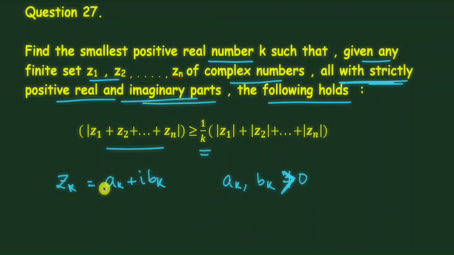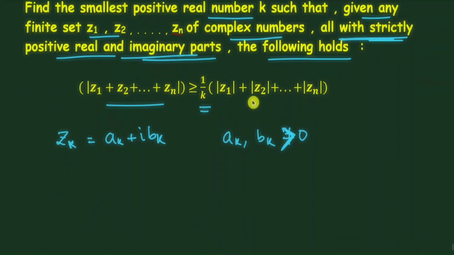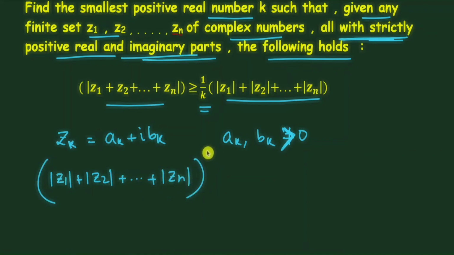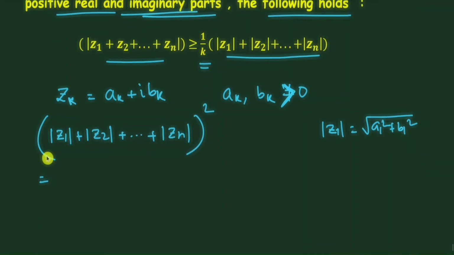So now we start with mod of z1 plus mod of z2 plus ... plus mod of zn, whole square. This is equal to mod z1, which we write as root under a1 square plus b1 square, and similarly for mod z2, mod z3 and so on.